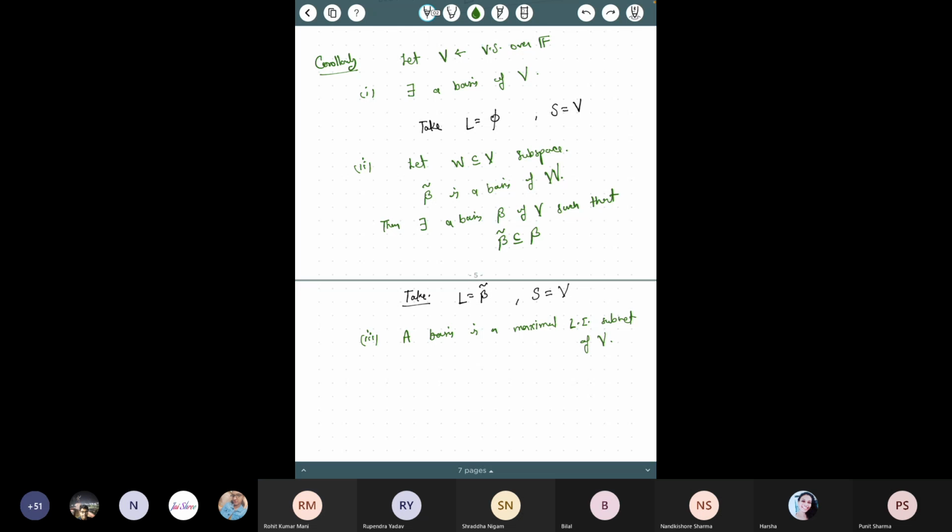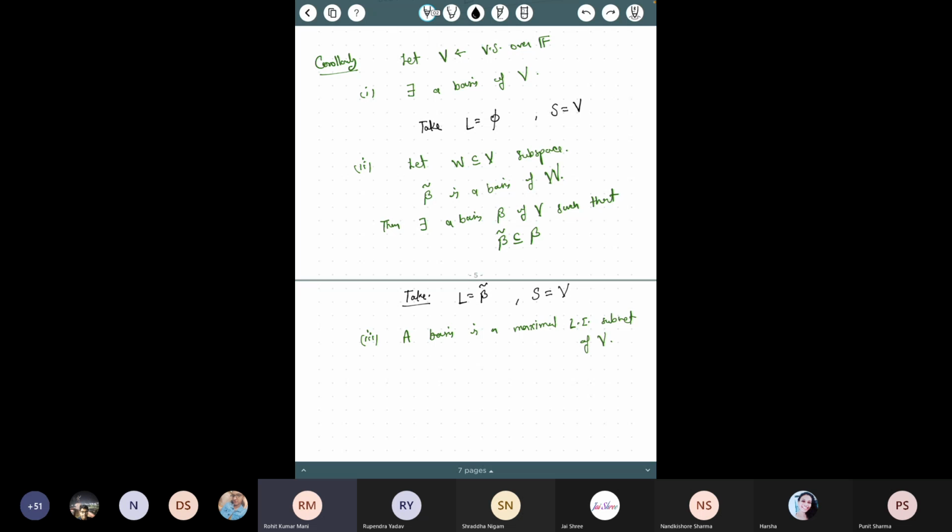Sir, there will exist a beta from the first condition, if we take L equal to phi and S equal to V. So there is a basis. Because we have already shown that there exists a basis, you say let B be a basis. Now you have to show that this is a maximal linearly independent set.